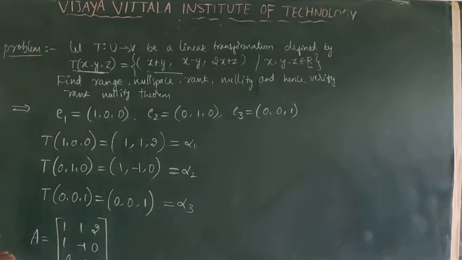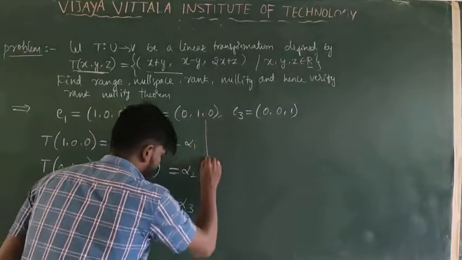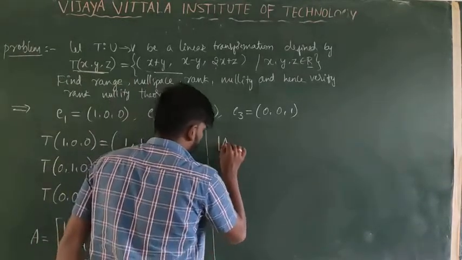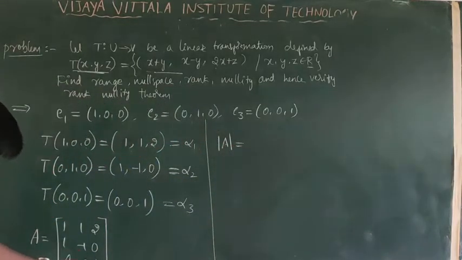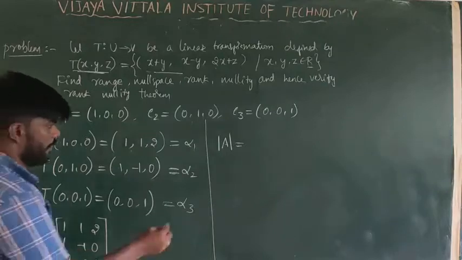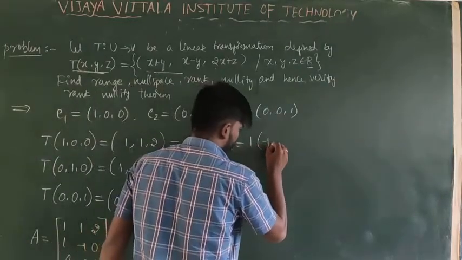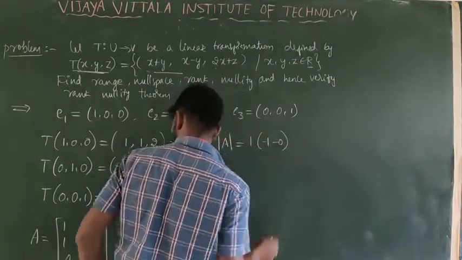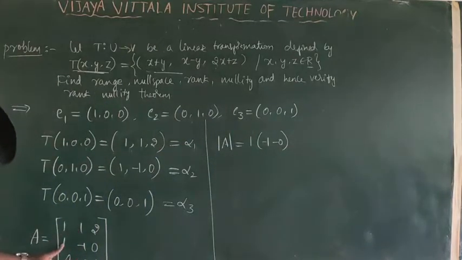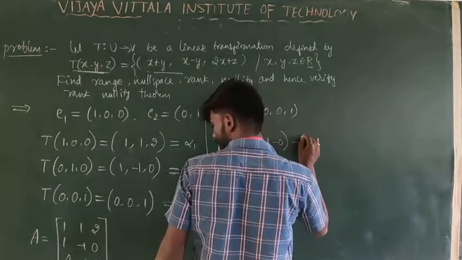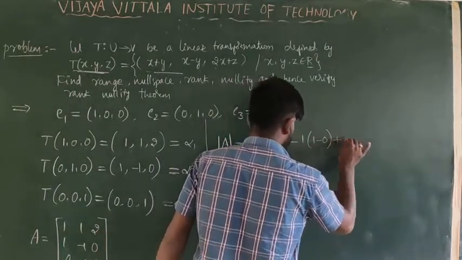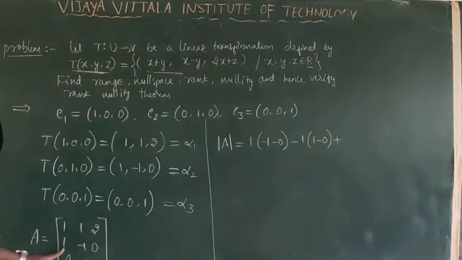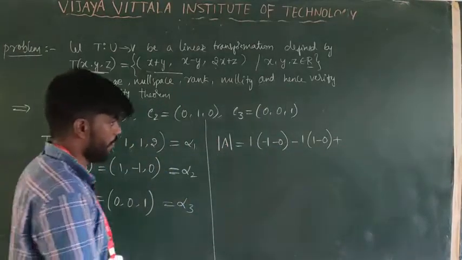We find the determinant of this matrix. Determinant of A is 1 into (minus 1 into 1 minus 0 into 0), minus 1 into (1 into 1 minus 0 into 0), plus 2 into (0 minus 0).